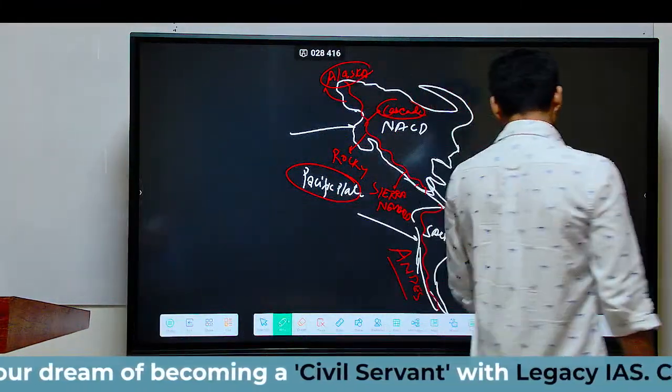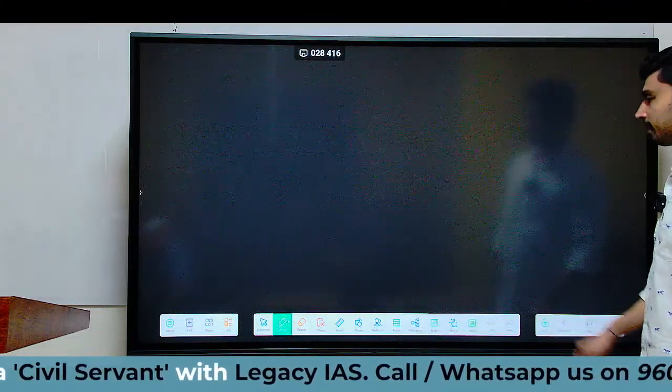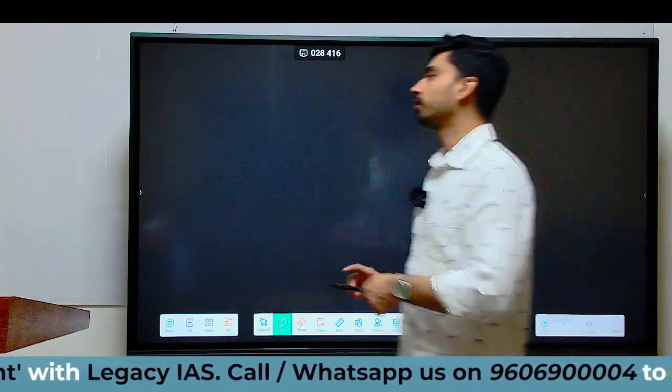That will be more than enough and will fetch you good marks as well. So, that is about the second type of plate interaction.